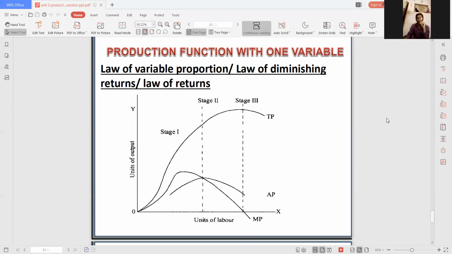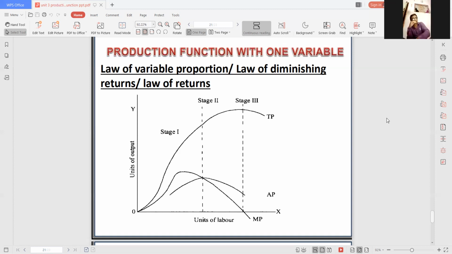You are observing clearly. Already I said that if you excessively increase the labor, they don't want to work at all with the particular amount of capital, because by dividing the total capital among the labor, they'll get a minimum amount of wage. By such wage, they don't want to work sincerely. Instead they want to chat with each other, they want to share their problems with each other. Such things happen in total production.